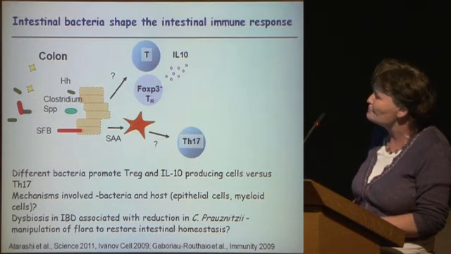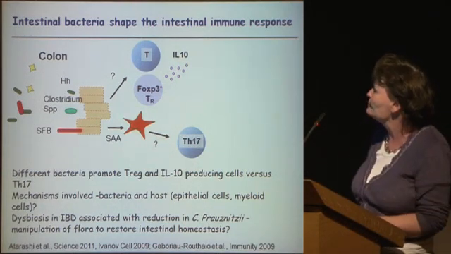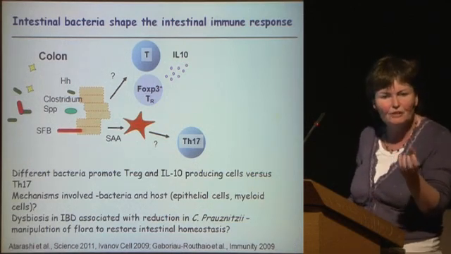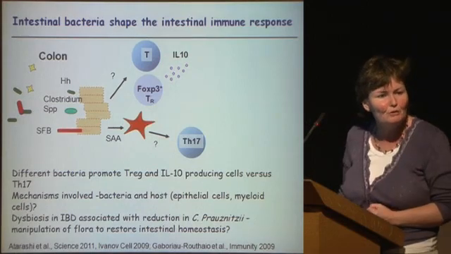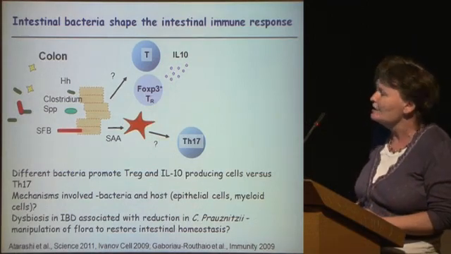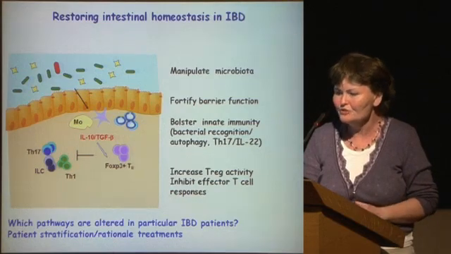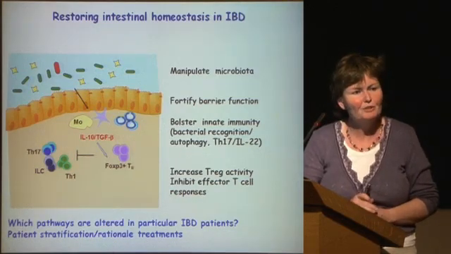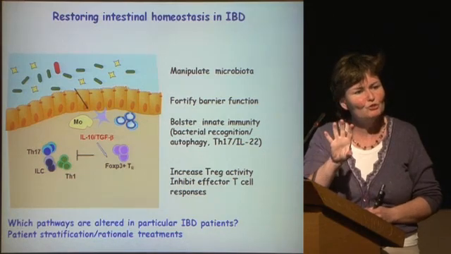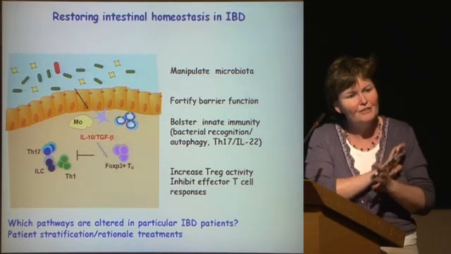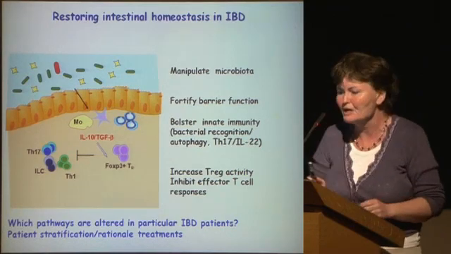And of course, there is the dysbiosis that is observed in inflammatory bowel disease, where there may be reductions in certain types of bacteria that perhaps are very good at promoting the IL-10 axis. Could we try to manipulate this to help restore intestinal homeostasis in IBD patients? But of course, the challenge with IBD is that it's Crohn's disease and ulcerative colitis, and there's great heterogeneity amongst the patients.